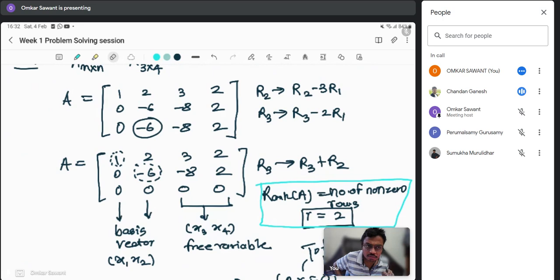Sir, but there is only one row which does not have any zero, so it should have been one, no? No. Rank of the matrix is the number of non-zero rows. Here rank is 2.